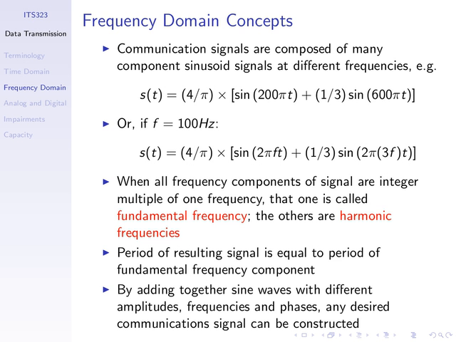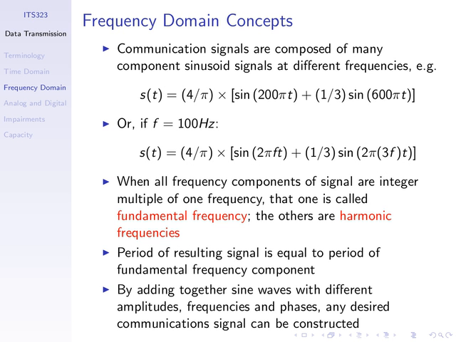That is, f_A is 100 Hertz, f_B is 3 times f_A. If that's the case, then the resulting signal, when we combine them, has this original fundamental frequency, 100 Hertz.